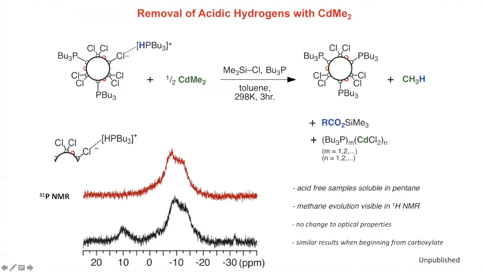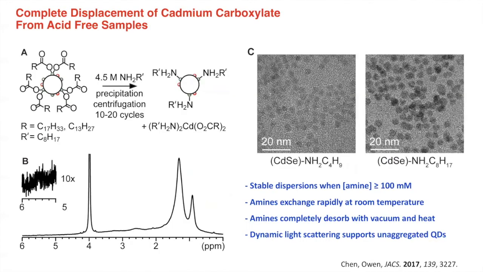I think for the sake of time, I'm not going to spend time talking about this piece, but if one makes a sample of particles that has amine ligands on it, using a purified source of nanocrystals and removing all of the cadmium salts carefully, in the end, you have this sort of canonical structure that people have talked about for years, where the primary amine ligands bind and stabilize a neutral colloidal particle.